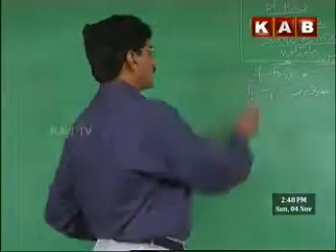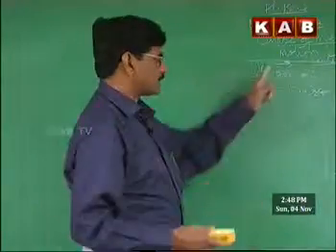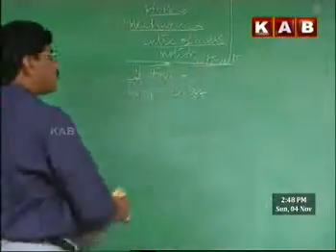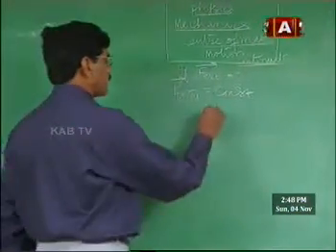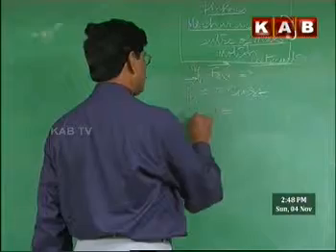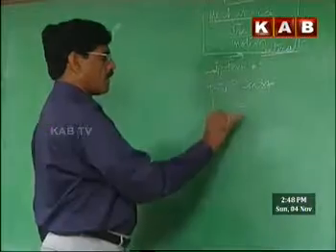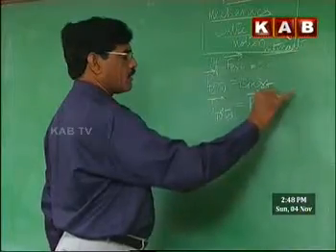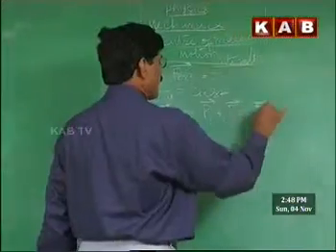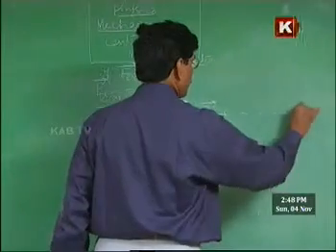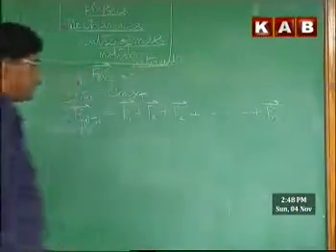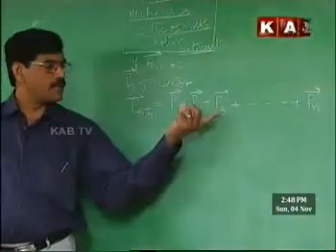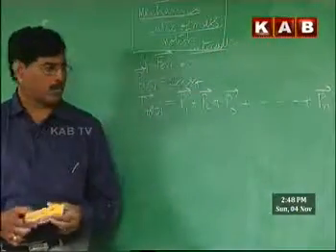The total linear momentum of the system of particles is constant, and total linear momentum is the sum of the linear momentum of the particles. That implies P total is equal to P1 plus P2 plus P3 and so on up to Pn, where P1, P2, P3 or Pn are linear momenta of individual particles.